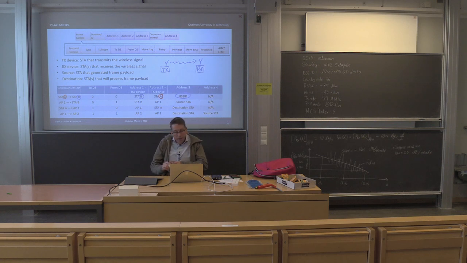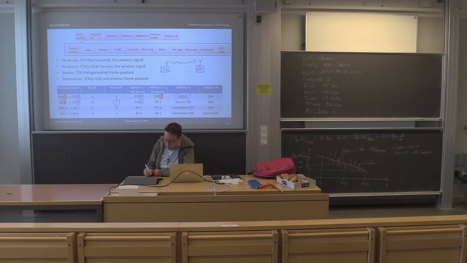Then, if instead we go from access point 1 to station B, this transmit device is now an access point, which means that the from DS flag is 1. And then the interpretation of the addresses is that B is still the receiving device.